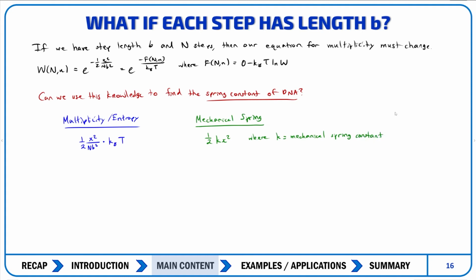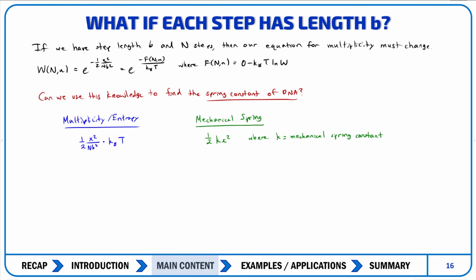Now, obviously, if we're taking a look at DNA, we can't have a mechanical spring taking place. We have to have almost like a theoretical spring based off of entropy, and therefore a theoretical spring constant.